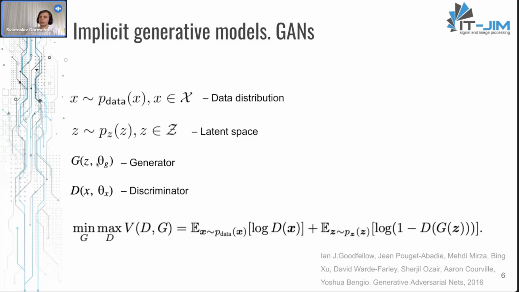The generator takes this latent variable Z, given parameters theta g, and generates output for us. And the discriminator just evaluates how good this output is. They play this min-max game where the discriminator punishes the generator and the generator tries to fool the discriminator.